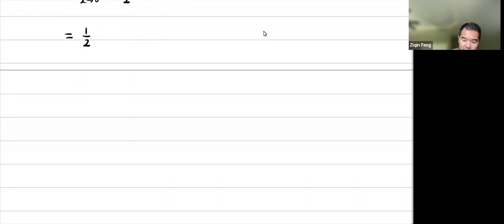So let's see another example. Example 2 here. We are looking for the limit as x goes to infinity of x cubed times e to negative x squared, right? Here we need to know that as x goes to negative infinity, e to x goes to 0.